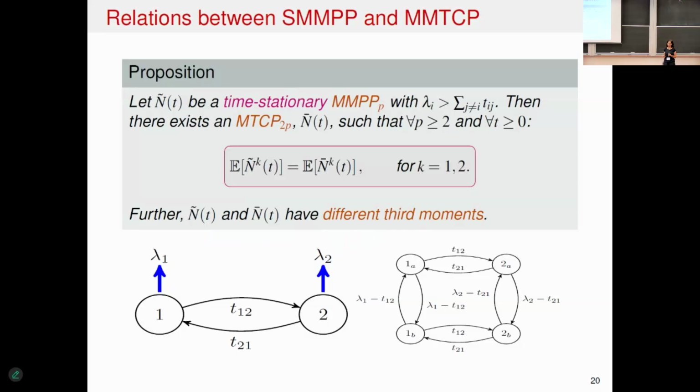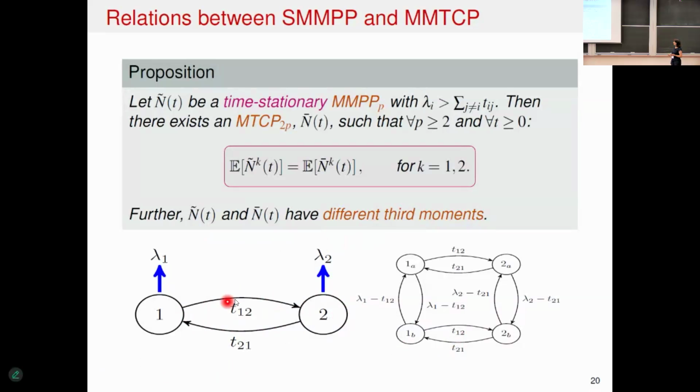What's your guess about the proof of this? It's about 5 to 6 pages of proof just for showing this proposition. I'll just show you the idea here. For example, I have an MMPP2, and I want to compare it with an MTCP4.